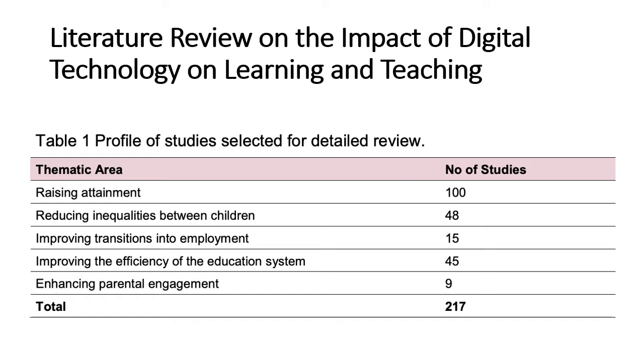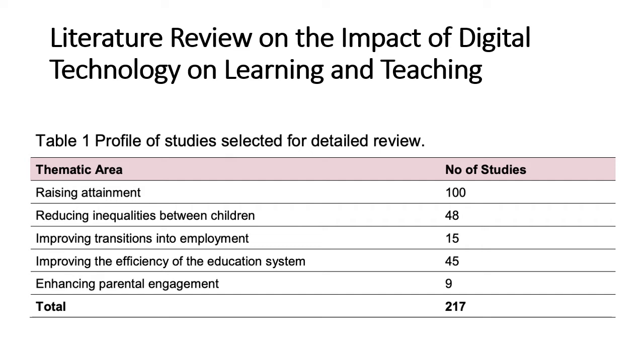Now let's have a look at the literature review on the impact of digital technology on learning and teaching. So for Table 1, it represents a profile of studies conducted by previous research that intended to see the number of studies conducted based on a few areas. If we look into detail, we found that there are a lot of studies, hundreds of studies, that fall within the area of raising attainment.